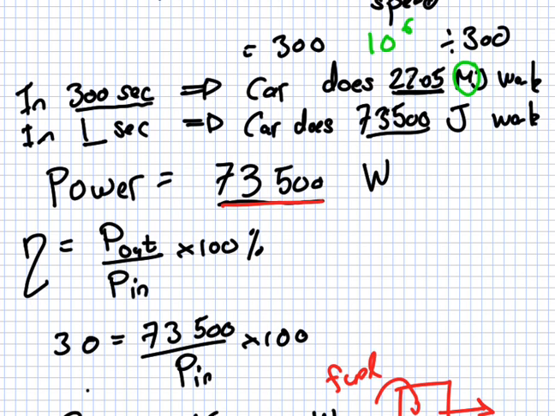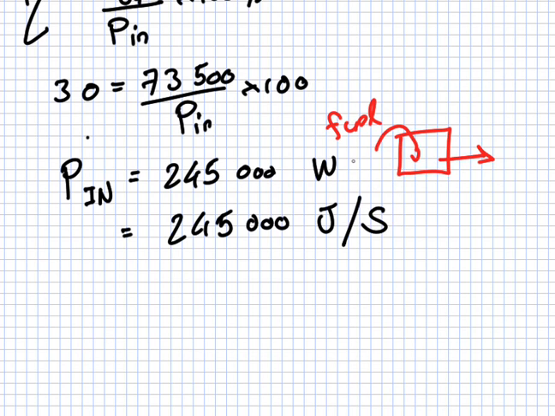So it's 22.05 10 to the 6 divided by 300 is this number. Okay? Right. So, I should write this back in megajoules, I think. So this is 0.245 megajoules per second.